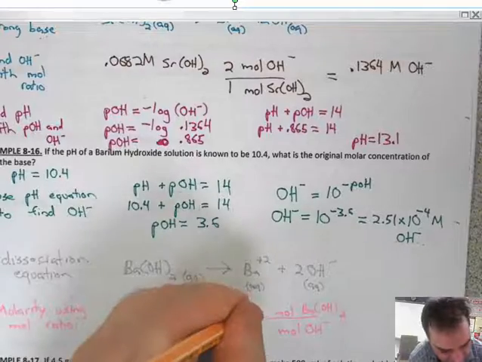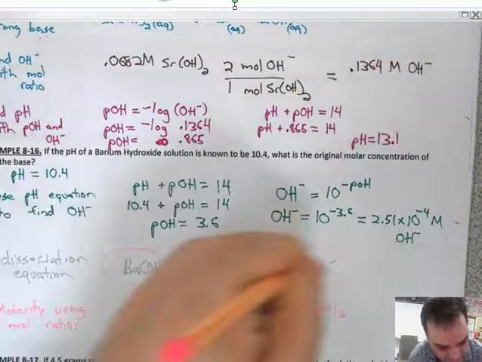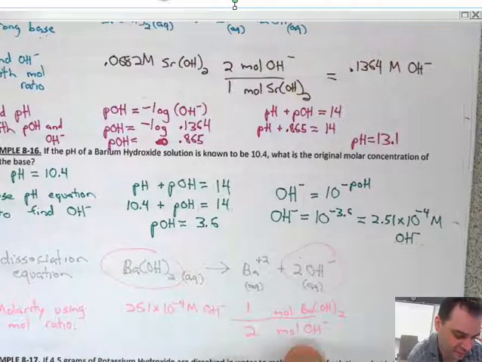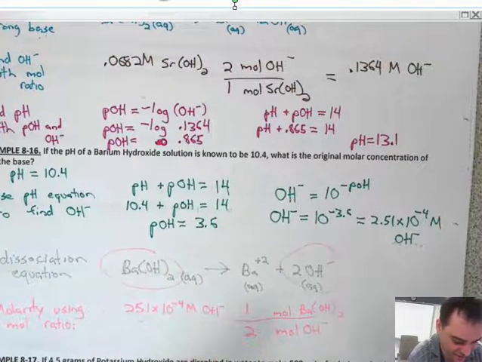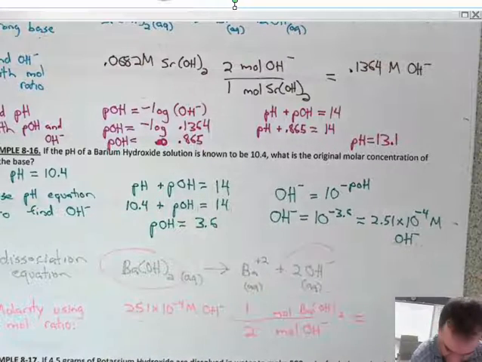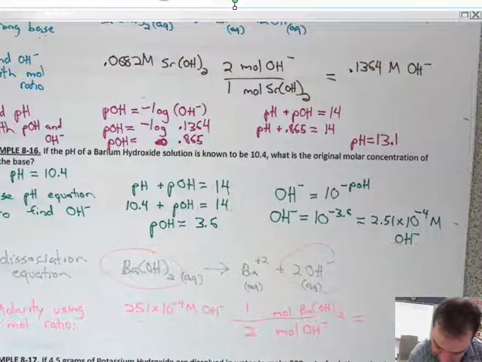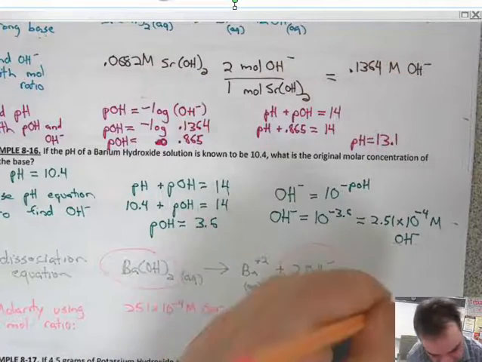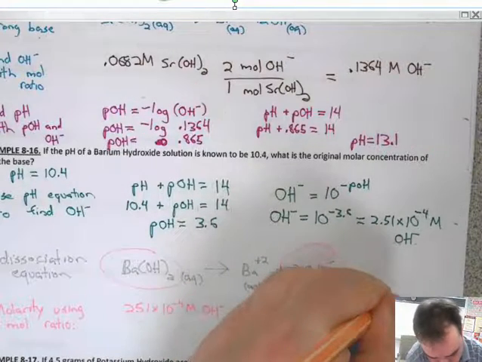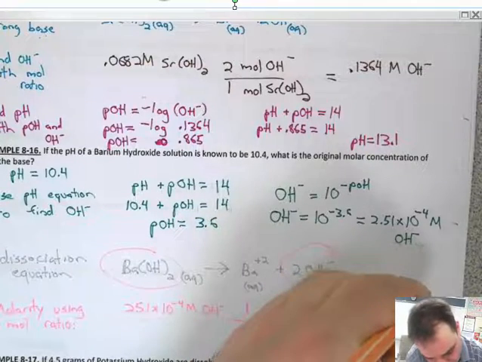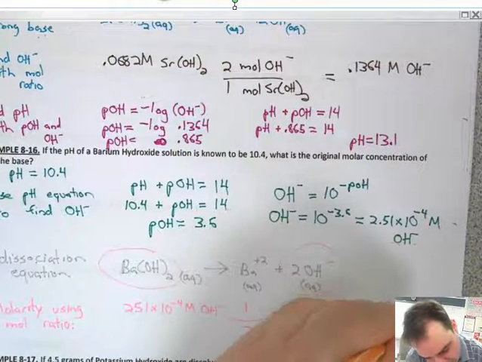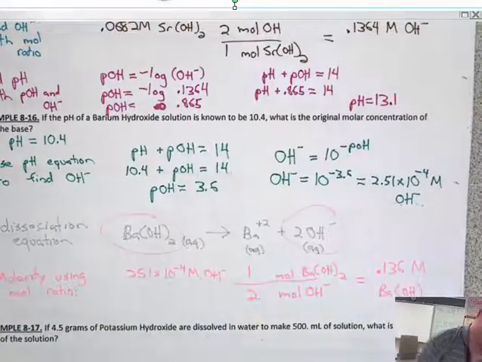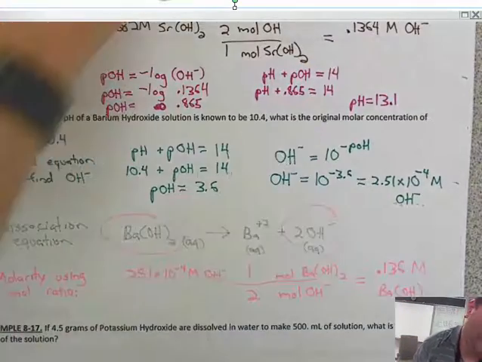So this time it is 1 over 2 because we're going that way. Because this is moles of OH, so moles of OH goes on the bottom, so you need the 2 down here. So you end up dividing by 2 here. And I'm trying to round this to 3 sig figs, probably, right? So this is 0.136 molar barium hydroxide. See? Easily done.